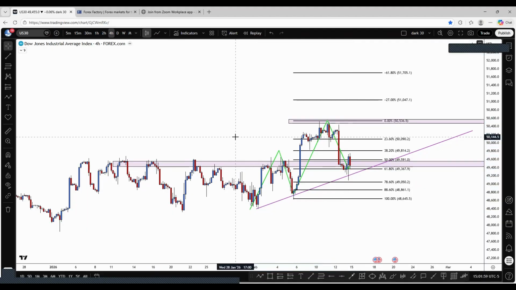So like I said, it's currently in an uptrend based off of this 4 hour chart, and this was the break of the zone. This is the pullback, this is the retest, and as you notice, it is lined up with the 61.8 on the Fibonacci tool.